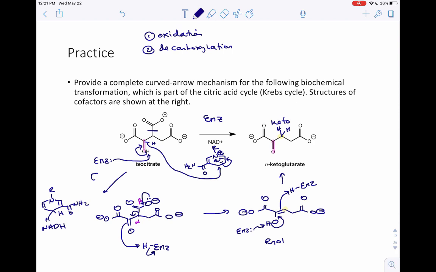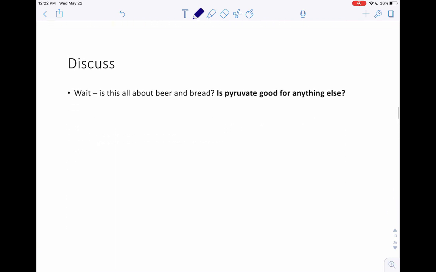So we have the oxidation, the decarboxylation, which was just run-of-the-mill, normal beta decarboxylation, followed by an enzyme-mediated enol-keto tautomerization. Really bringing together many of the different reactions that we've looked at this term.